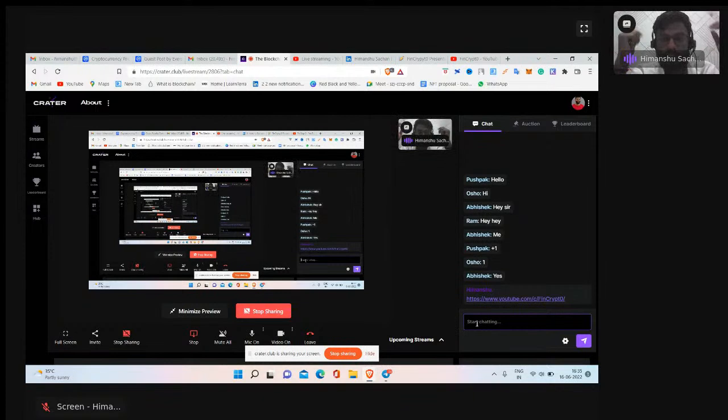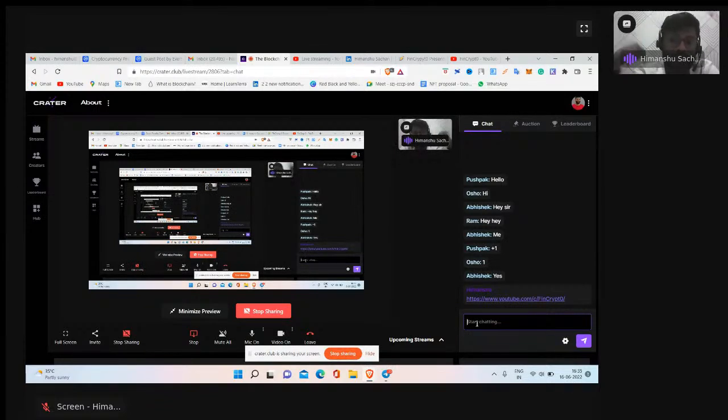In that case, there are two ways by which I can send that particular message to Pushpak. Either I can send a normal message which is not encoded, just a plain text message, and Pushpak will be able to read it. That is one way of sending the message.